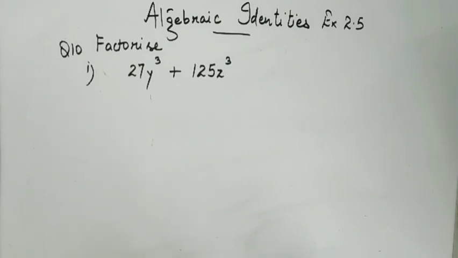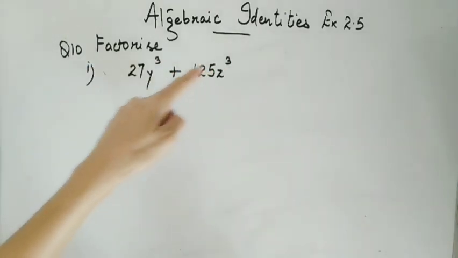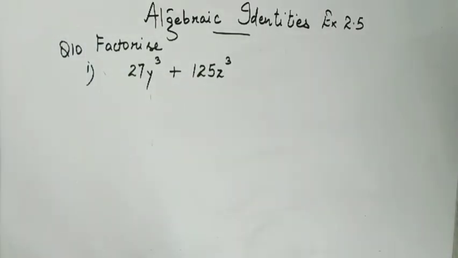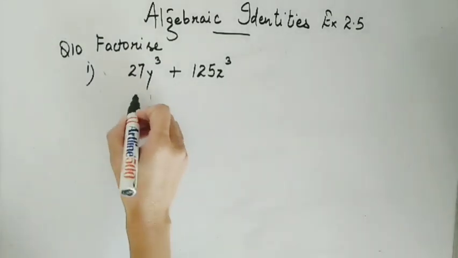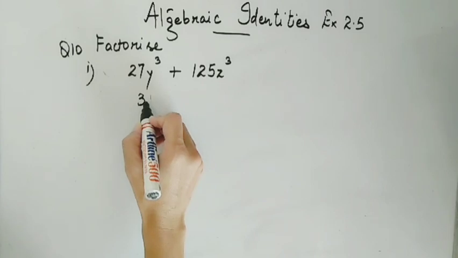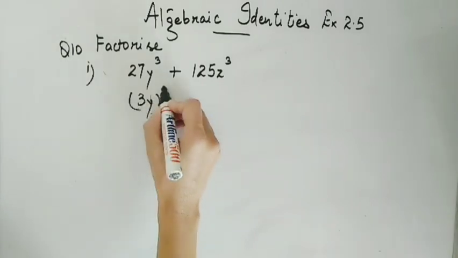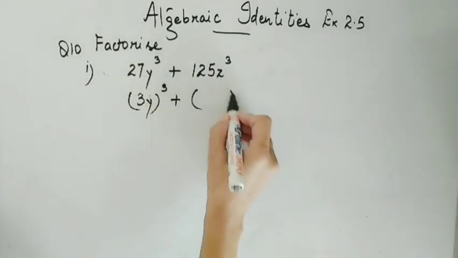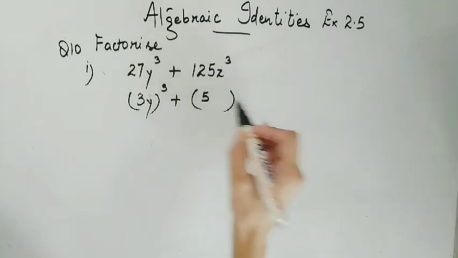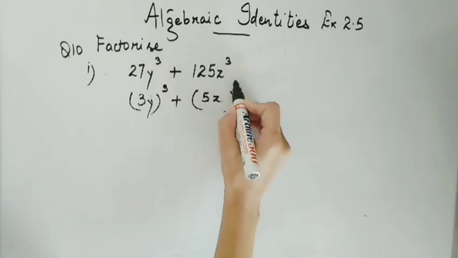Question says factorize 27y cube plus 125z cube. Now these two cubes indicate that the numerical figures which are written here must be written in perfect cube formation. 27 is 3 cube, so 3y whole cube added to 125 can be written as 5 into 5 into 5, which makes it 5z whole cube.